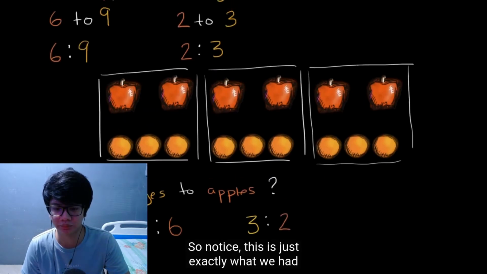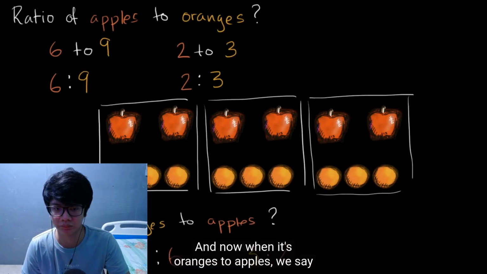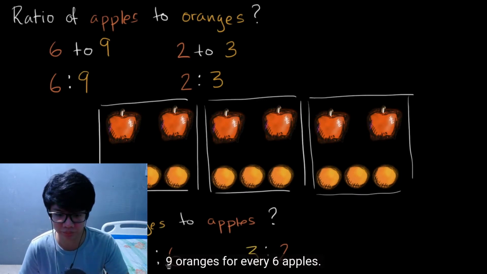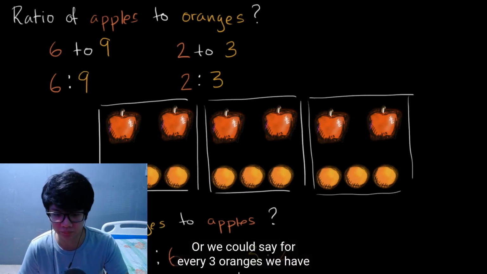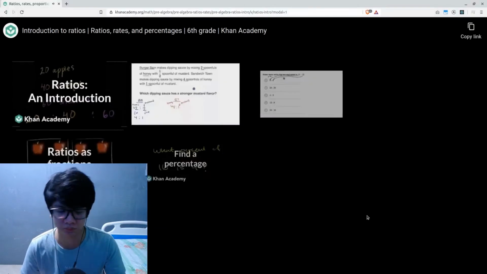Notice, this is just exactly what we had up here. When we had apples to oranges, it was 6 to 9, 6 apples for every 9 oranges. And now when it's oranges to apples, we say it's 9 to 6: 9 oranges for every 6 apples. Or we could say for every 3 oranges, we have exactly 2 apples.